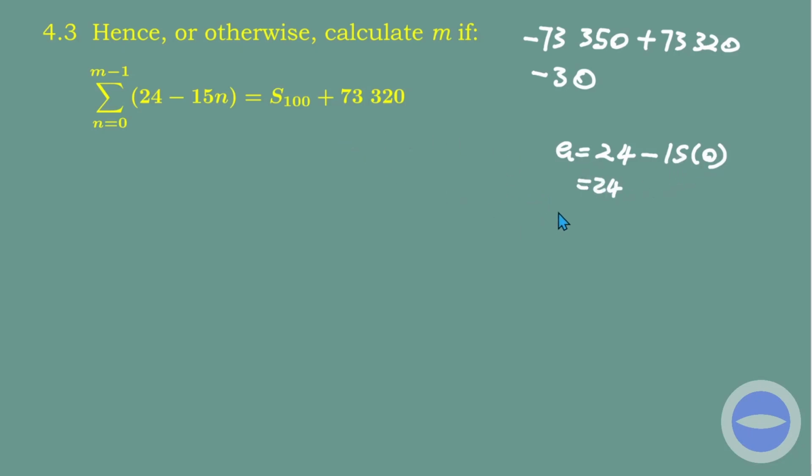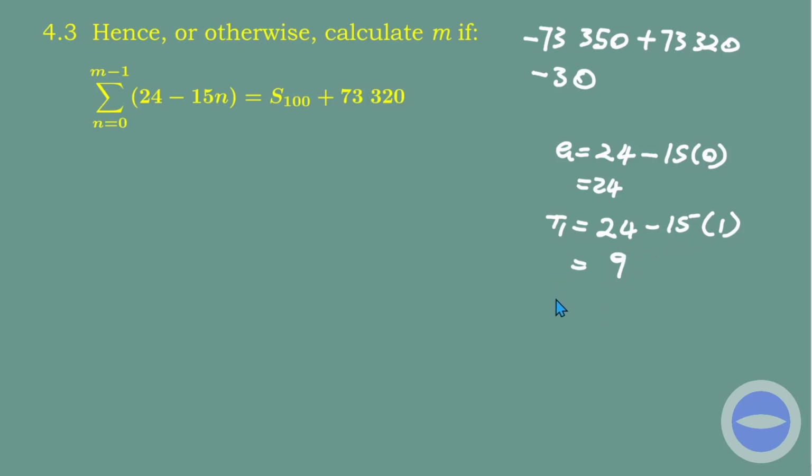And now, because I don't know if this sequence is geometric or arithmetic, I have to find out which it is. So now I will substitute n equals 1. Let me say t1 equals 24 minus 15 times 1, and 24 minus 15 equals 9.